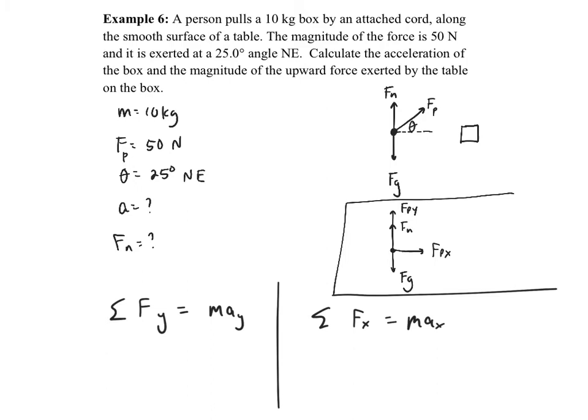So, in the y direction, here's what we have to think about. If we were pulling on a box or a sled, even if we pull on it really hard, it's most likely not going to levitate off the ground. I would have to pull on this bottle with enough force to lift it off, right?